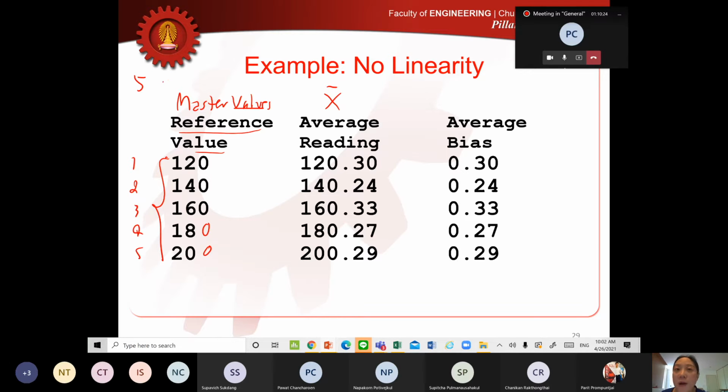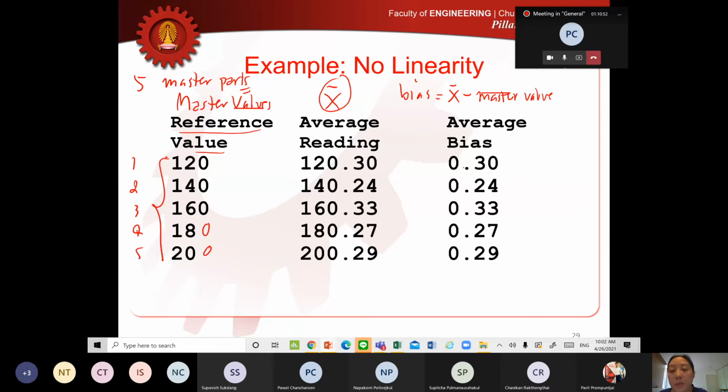So we have to have 5 master parts that have different values. And then we do bias analysis for each part. That means we get the X bar, and then we subtract the reference value or master value from X bar, and then we get what we call bias, right?